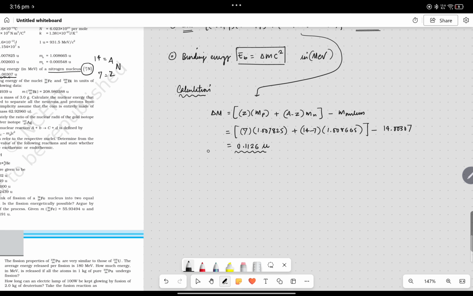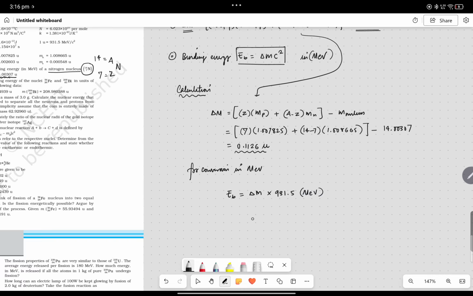But you have to find that in mega electron volt. So the simple formula for conversion to mega electron volt is that we have to just multiply: EB is equal to delta m into 931.5 mega electron volt.